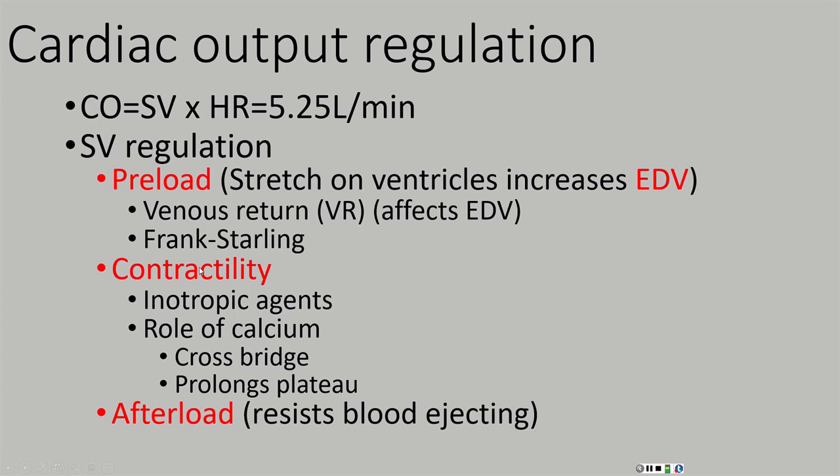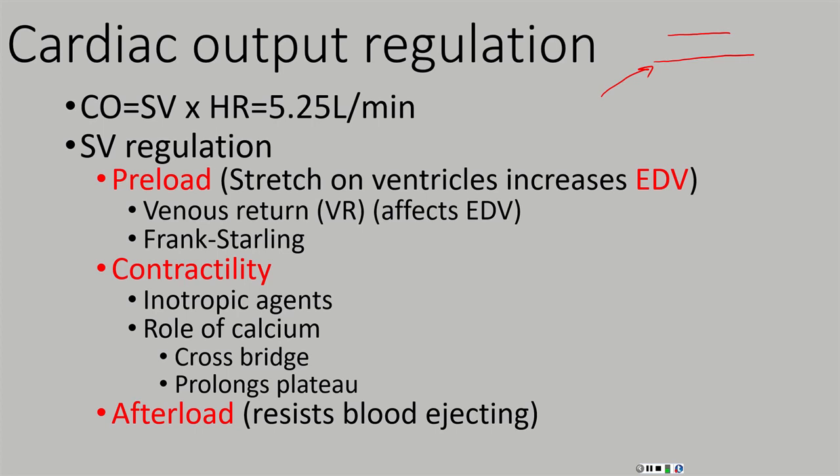Now, contractility can be a little bit tricky because at first it kind of sounds like Frank Starling. We've already said that Frank Starling says if I have an unstretched muscle and a slightly stretched muscle, then the slightly stretched muscle is going to contract harder.